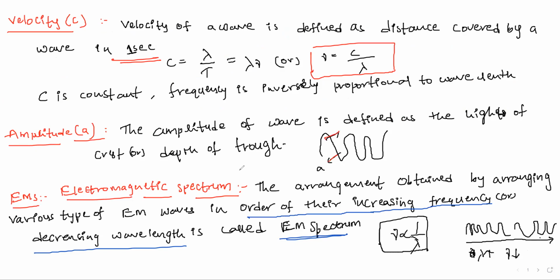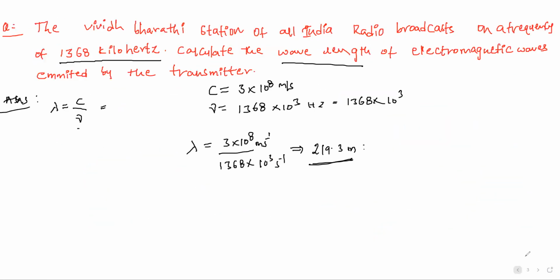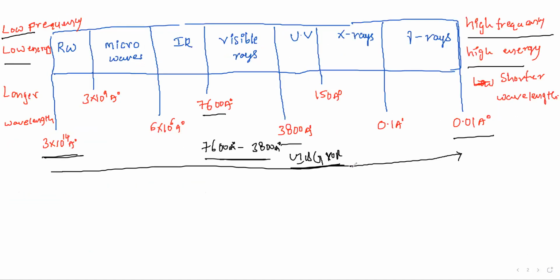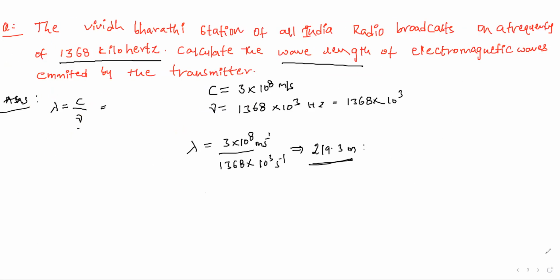In the electromagnetic spectrum, all wavelengths are arranged in increasing order of frequency, or decreasing wavelength. On the next page, this is the electromagnetic spectrum: radio waves, microwaves, IR, visible, UV, and X-rays. These are the values, and next, these are the questions.